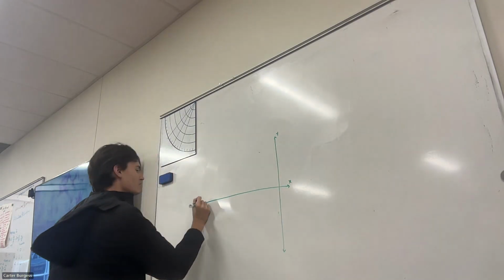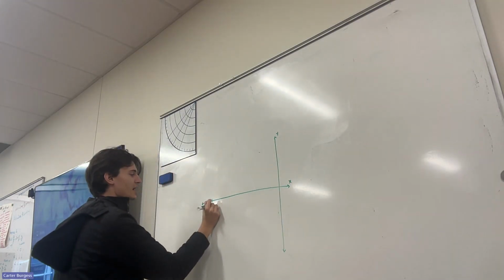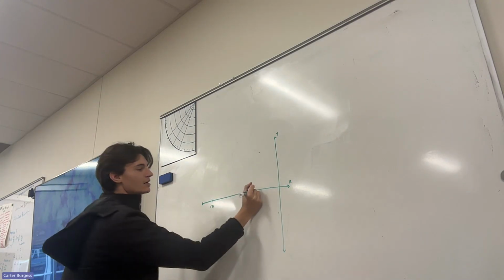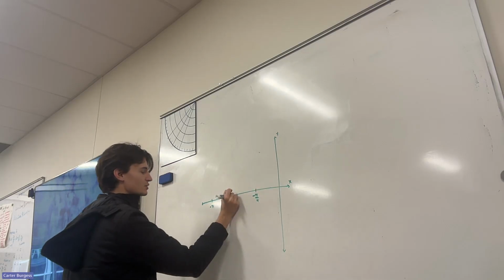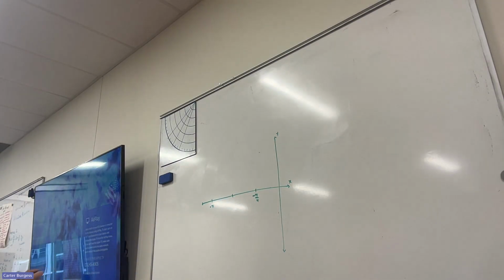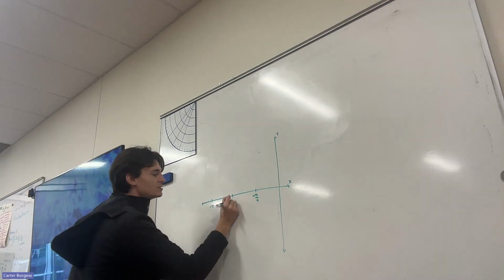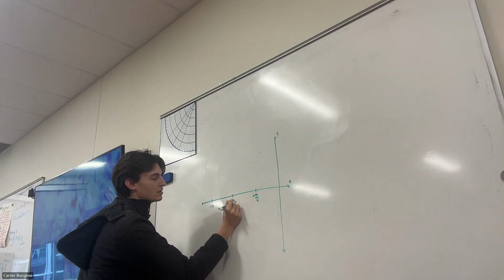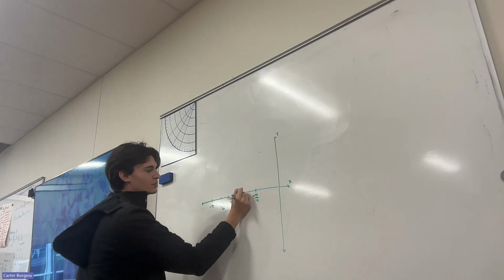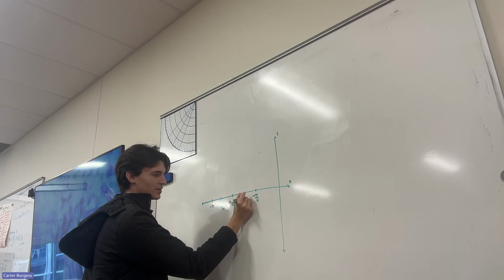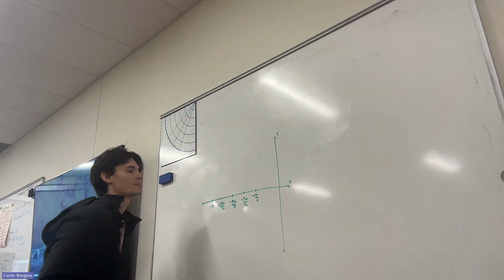All right, so we know negative pi, no, negative pi over 4. Perfectly between the two is going to be negative 5 pi over 8. Between these two, negative 13 pi over 16. Between these two, negative 7 pi over 16.